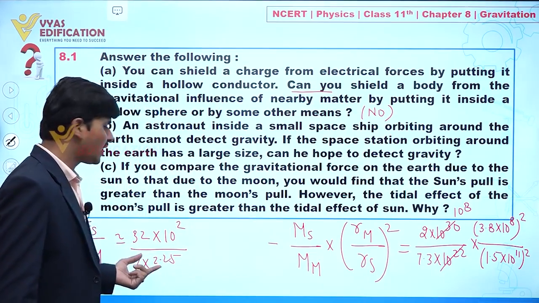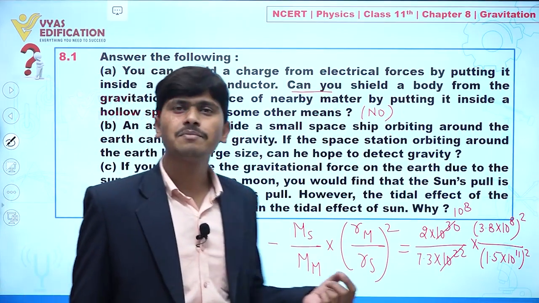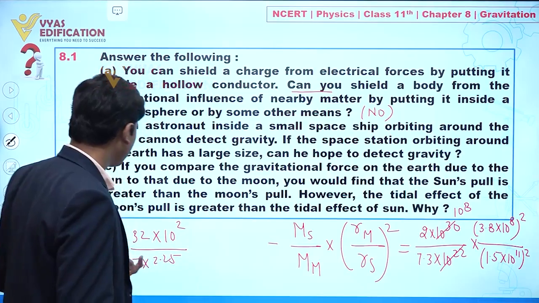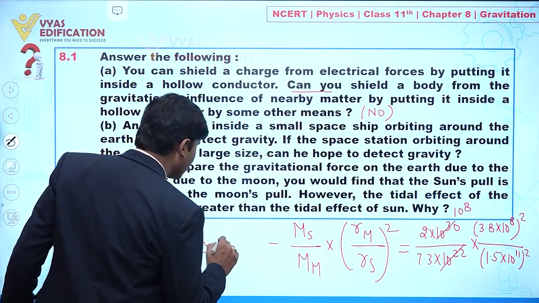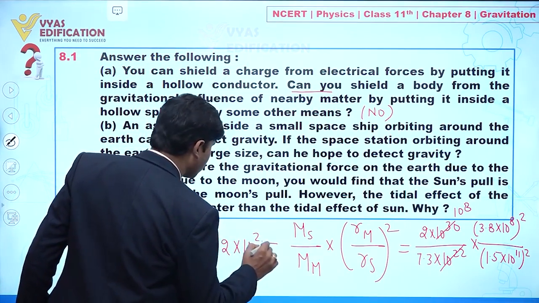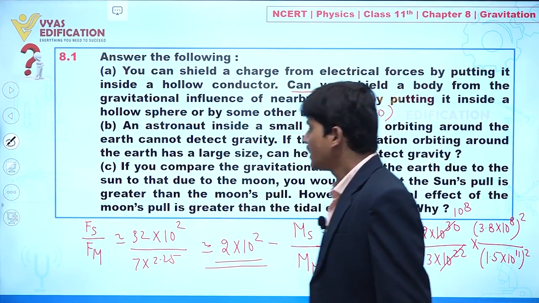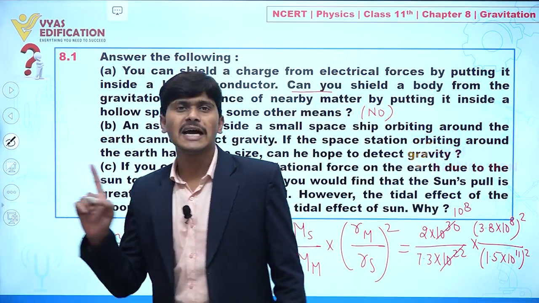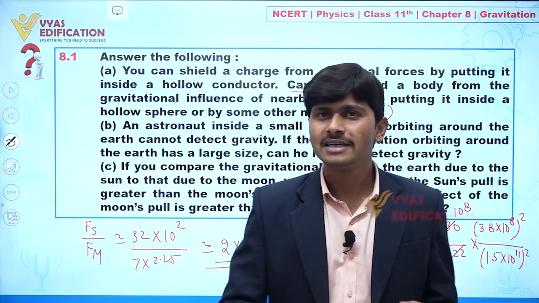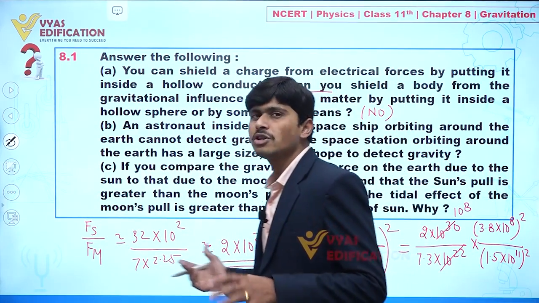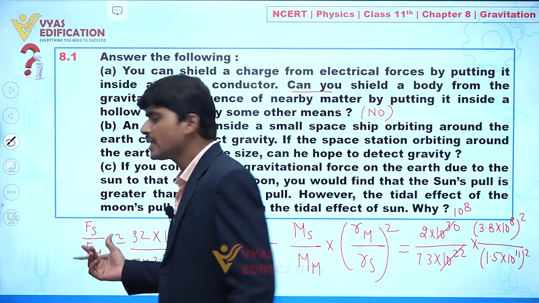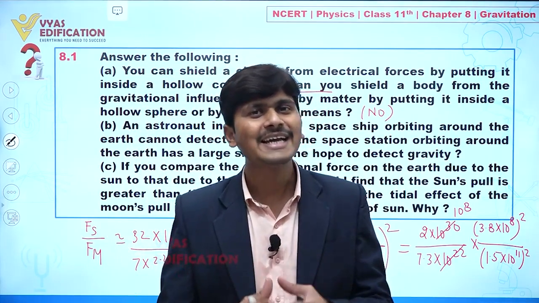So 1.75 plus 14 is 15.75. So whatever we see here, we are getting this value approximately equal to 2 into 10 to the power 2. Clear? It means the gravitational force acting between the Sun and Earth is 2 into 10 to the power 2 times the gravitational force acting between the Moon and Earth.